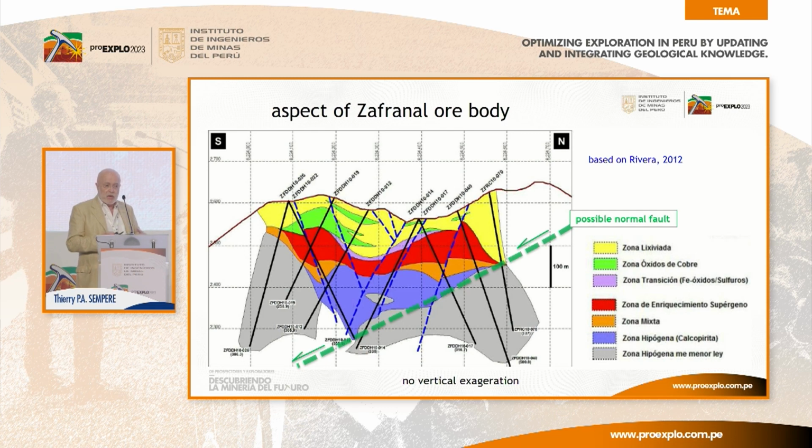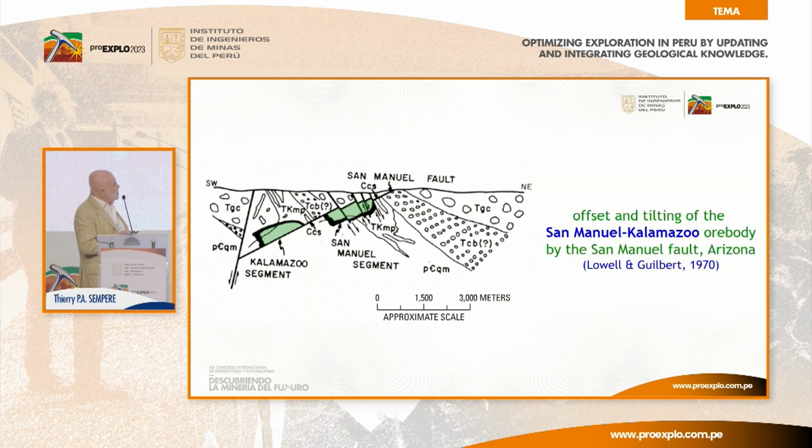In this case, the continuation of the deposit needs to be elsewhere, exactly as in the case of the double San Manuel Kalamazoo ore body in Arizona, where the observation of a normal fault found the second part of this deposit. So this might be something that exists in Safranal. It's a hypothesis, but it's interesting for the people who have Safranal.